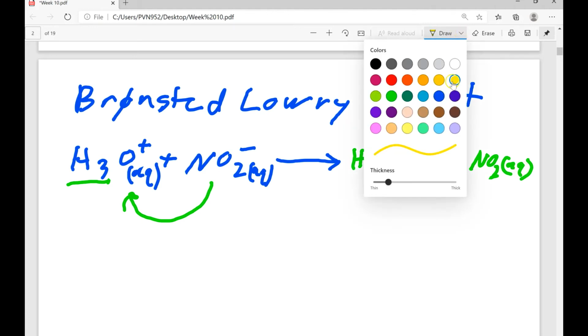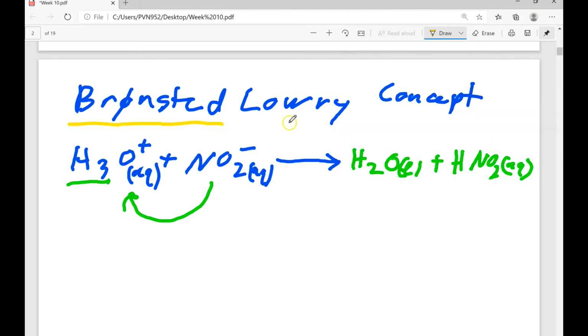So according to the Bronsted-Lowry concept, the acid is the proton donor, the base is the proton acceptor. Notice in the reactants part of the reaction, we only really have one thing that can donate protons, right? Because the NO2- does not have any protons. So H3O+ in this example is the acid, NO2- is the base, and they react to form H2O and HNO2.